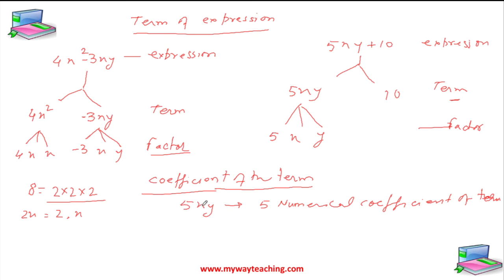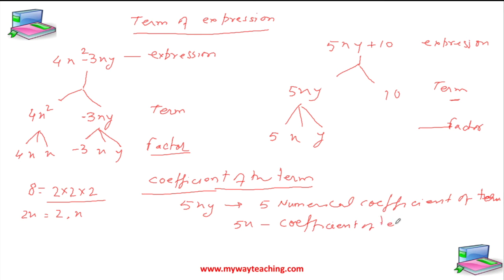But if I ask the coefficient of the term for y, then it should be 5x. So remove this y, and whatever remains is the coefficient of the term for y.